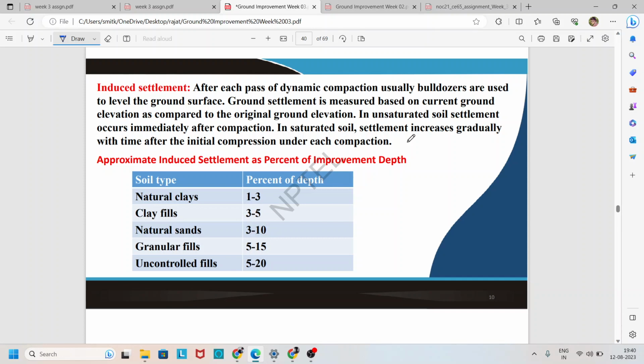So after a certain amount of time, the settlement increases and this densification further improves the saturated soil. Here it is given that for natural clay soil, the induced settlement is between 1 to 3%, and for clay fill it is between 3 to 5%, like that for different types of soil.